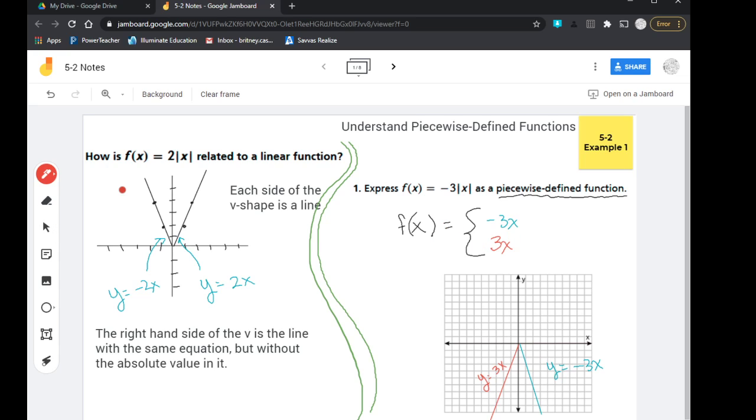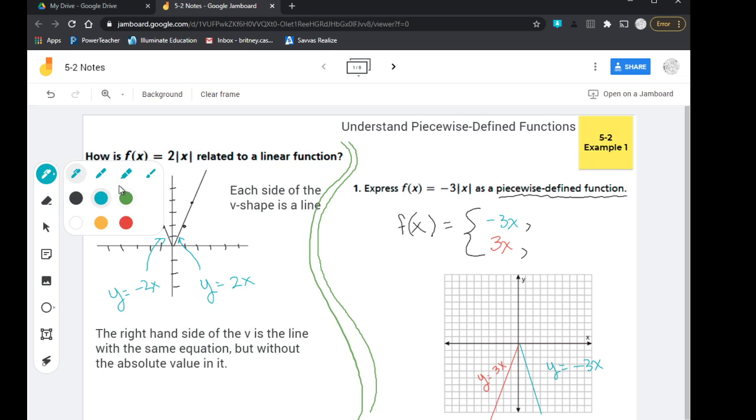But if I didn't have the graph, right, if that was covered up, how would we know for which values of x I use the negative 3x, or which values of x I use the positive 3x for? We just don't know. So what we have to do is we have to define the part of the domain that is satisfied by each of these equations.